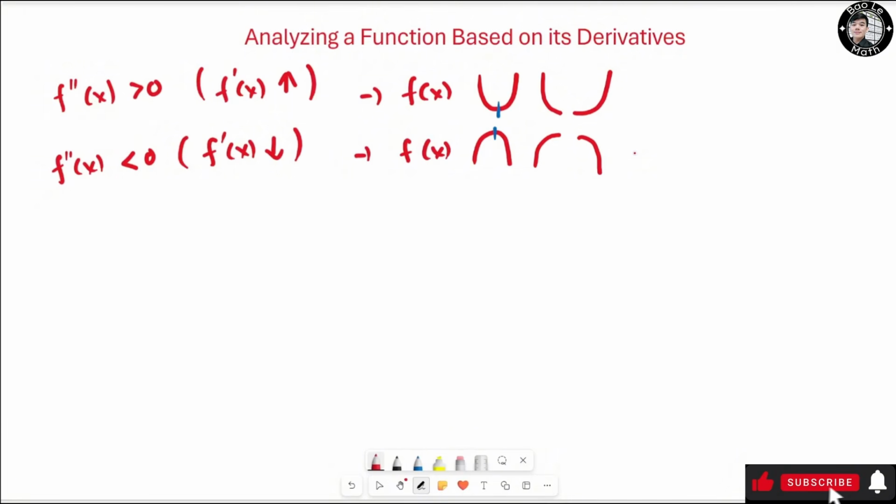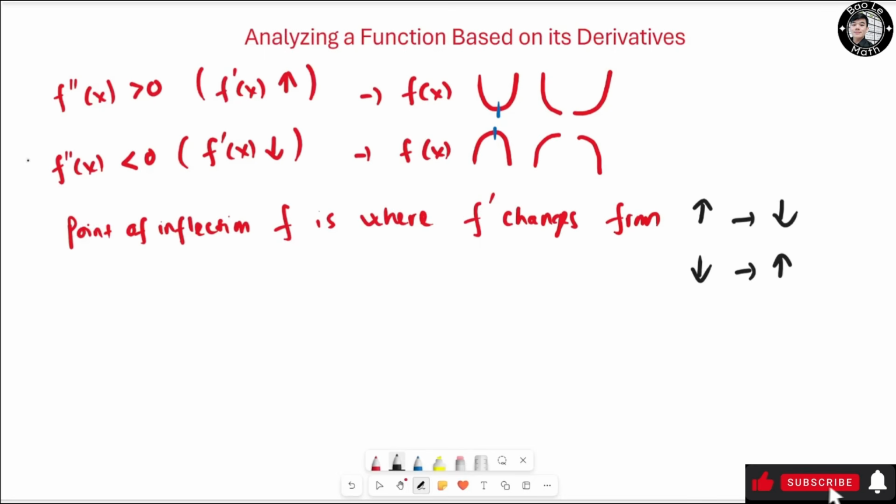Now, next one. In order to determine the point of inflection, meaning the point where the concavity changes, we're going to use the first derivative. The graph of the function f has a point of inflection where f prime changes from increasing to decreasing or decreasing to increasing.